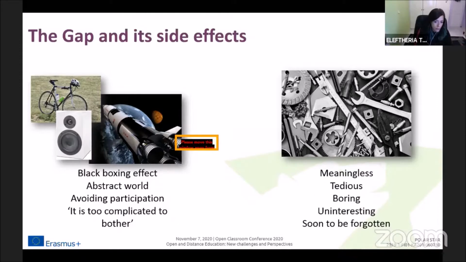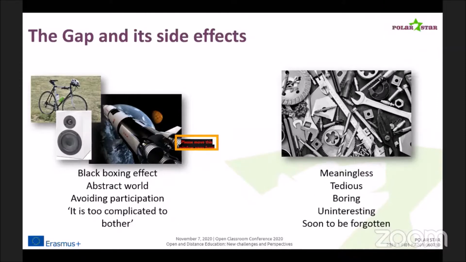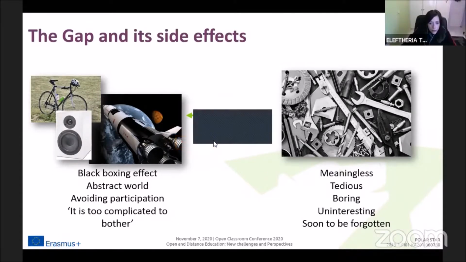ready-made items. Liftera, sorry to interrupt you, but there's something on your screen that keeps appearing and says, please move this window away. Yes, we can see that. Yeah, I don't know why that is appearing. Maybe now it's gone for good. I don't know. We'll see. Now we just see a green screen and a green arrow.